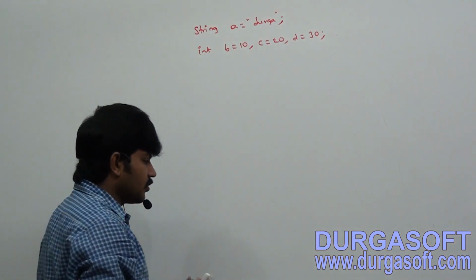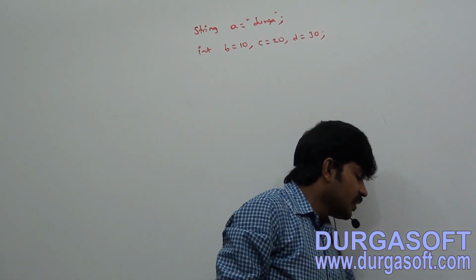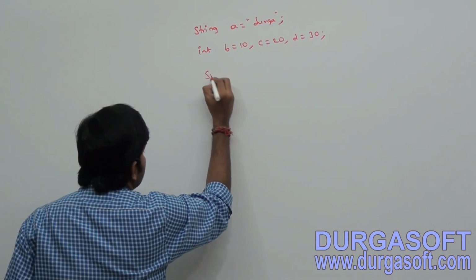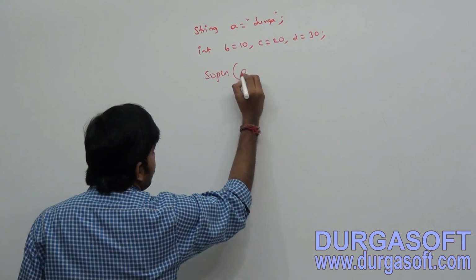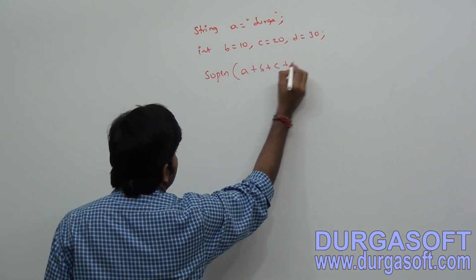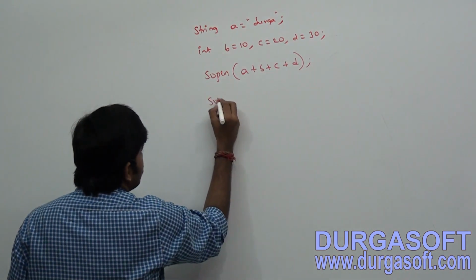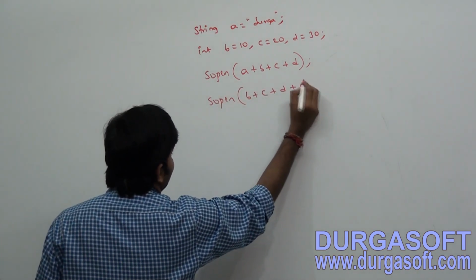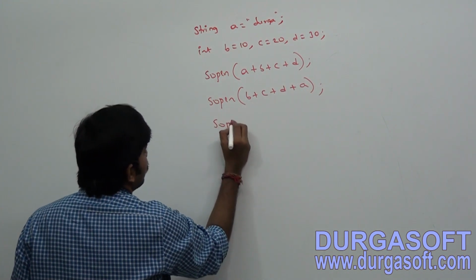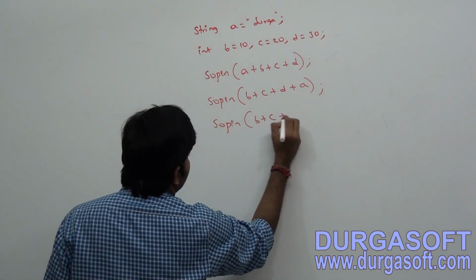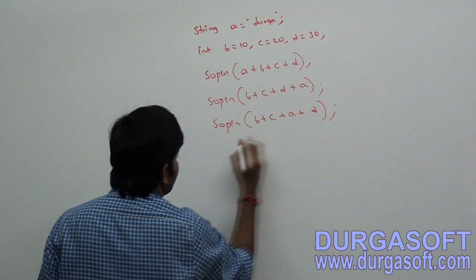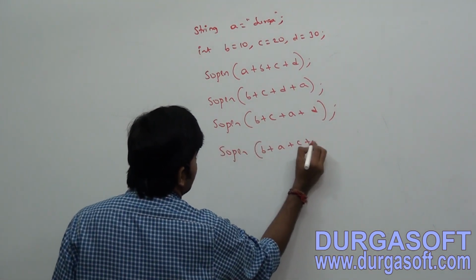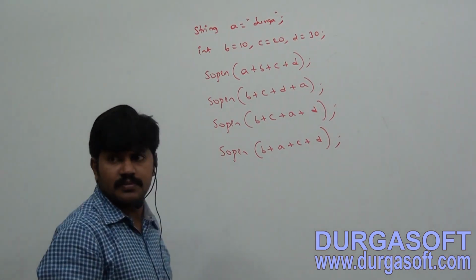Now System.out.println(A + B + C + D); System.out.println(B + C + D + A); System.out.println(B + C + A + D); System.out.println(B + A + C + D). Like this I'm taking.